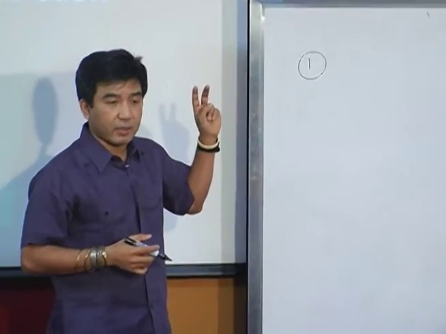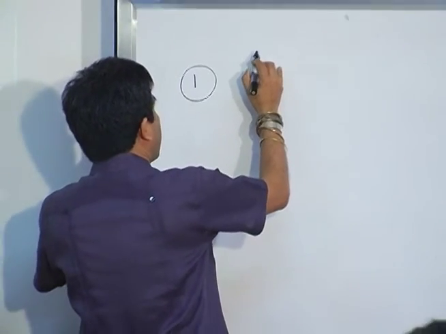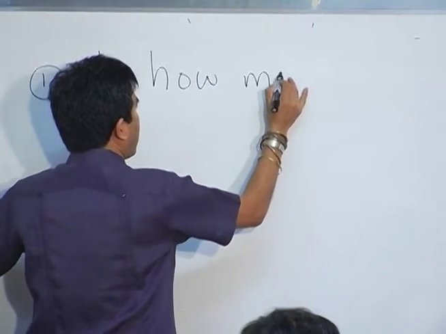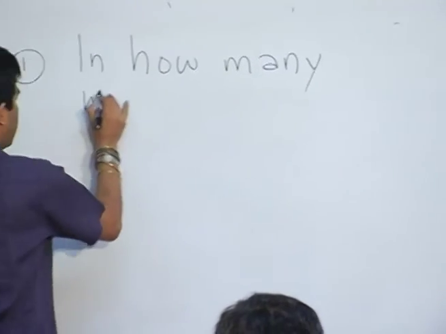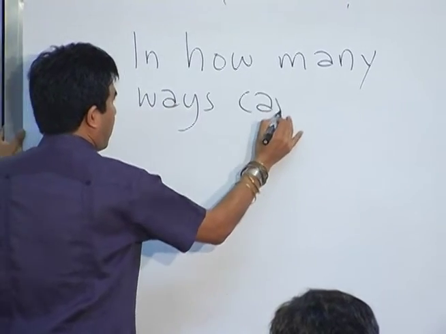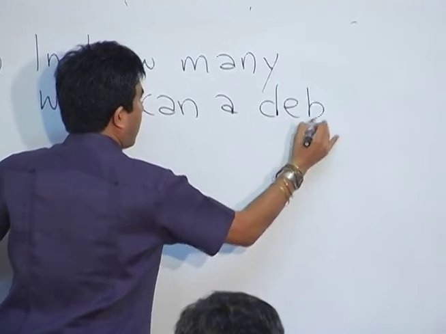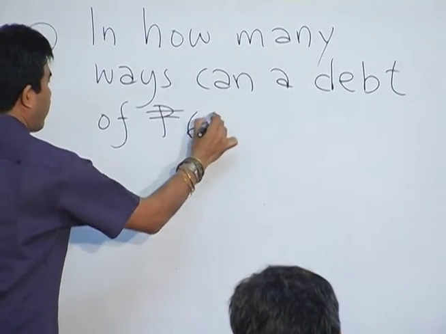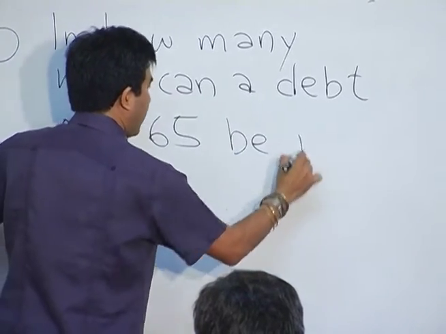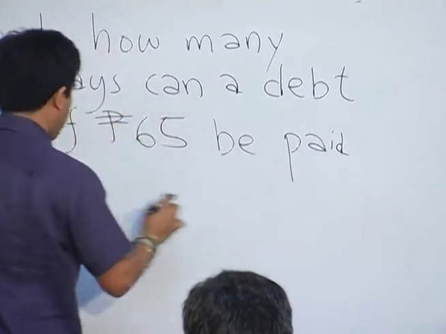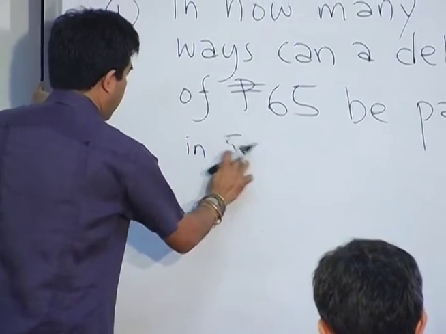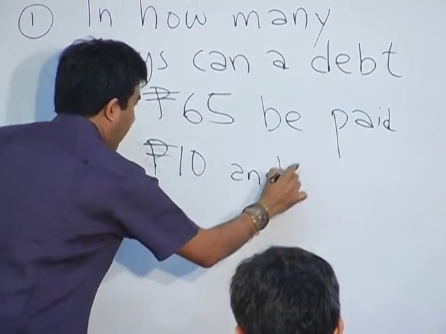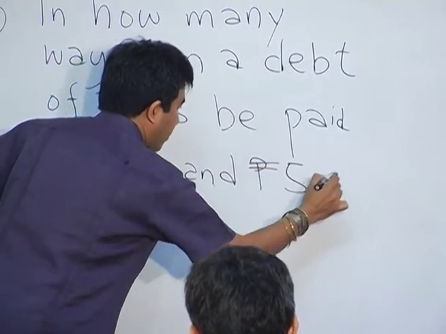I'll give you some problems that you can reflect on. I'll start with a very practical problem. For example, in how many ways can a debt of, let's say, 65 pesos be paid in 10 peso and 5 peso coins.